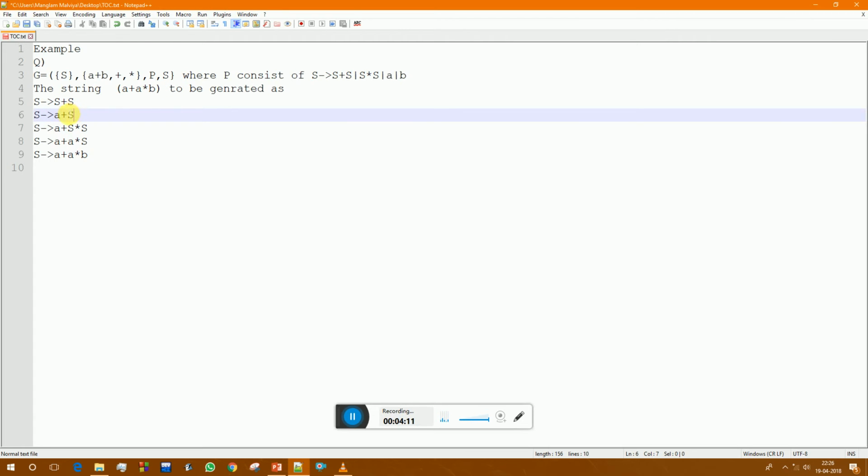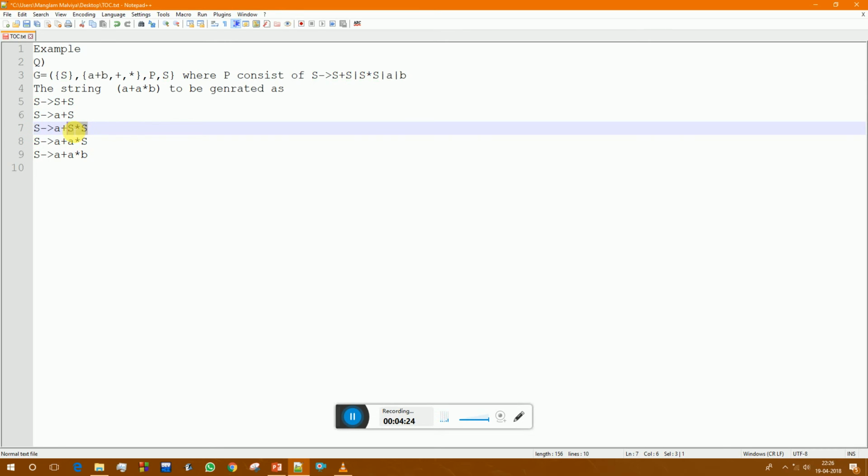So I am going to expand this particular symbol such that it matches my production rule. So you can clearly see above I have expanded this particular symbol as this, as you can see clearly from the production rule. Now after this I am going to again replace the second symbol with small a.